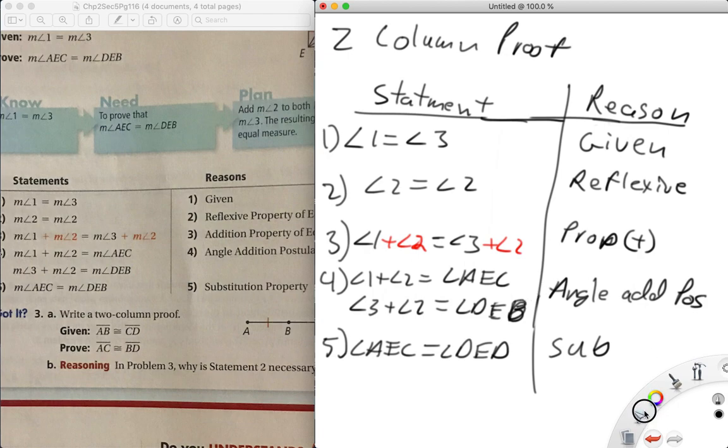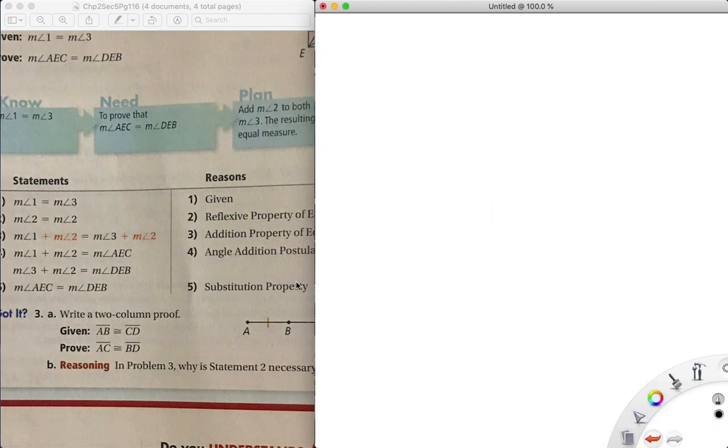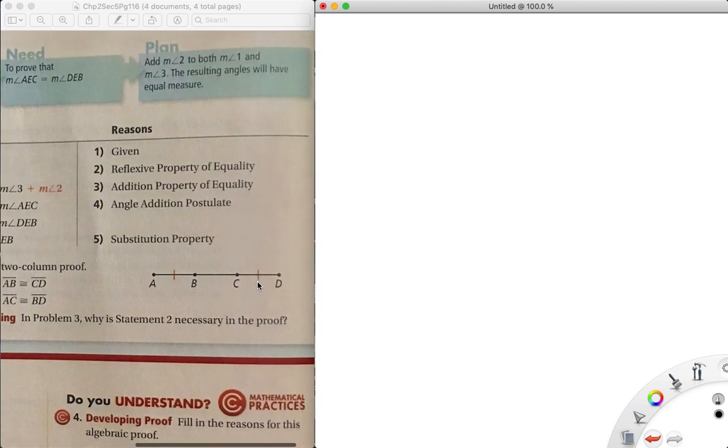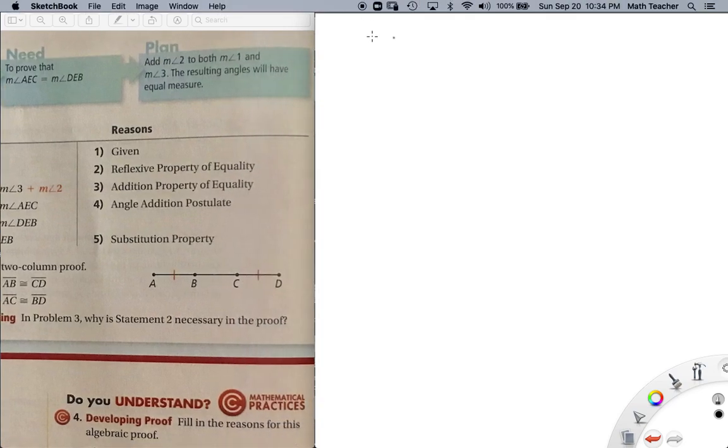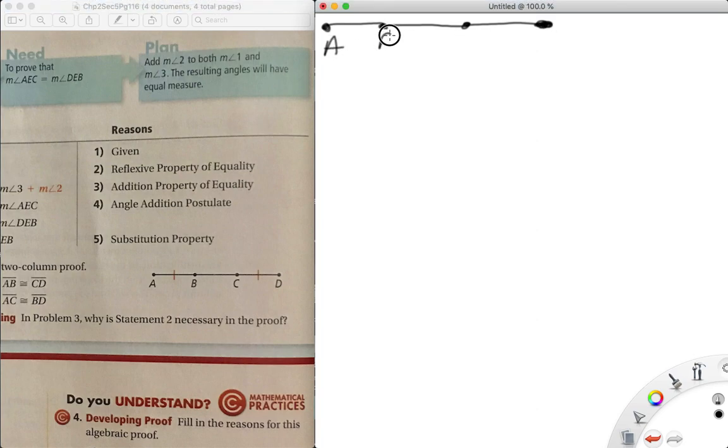The proof that they give us down below, they give us this line segment with points A, B, C, and D. They tell me that CD and AB are congruent based off of the graph.